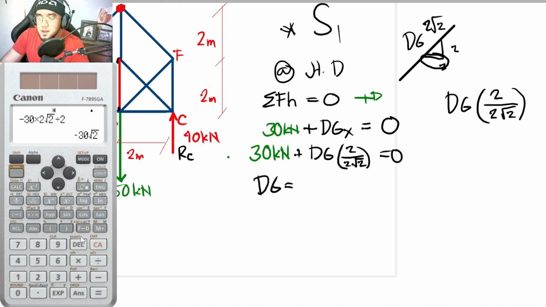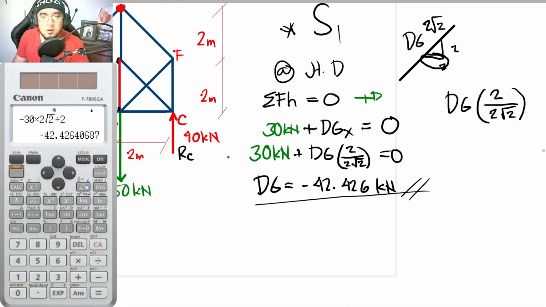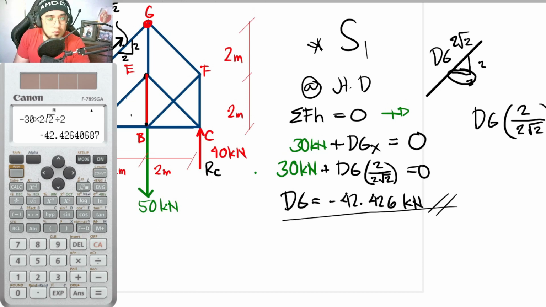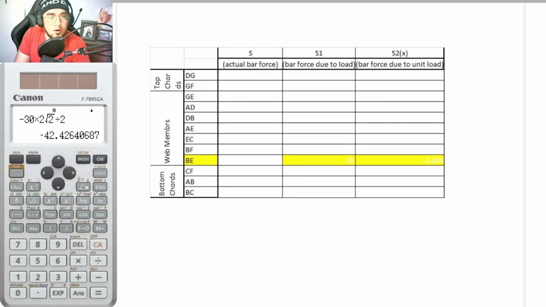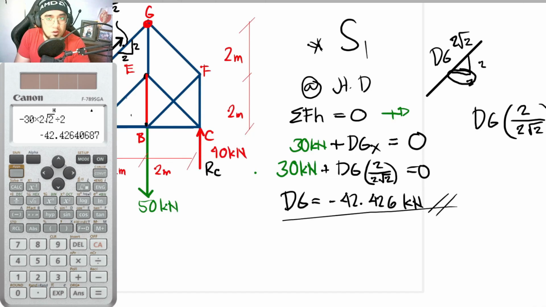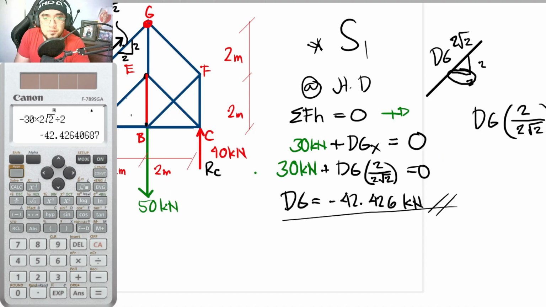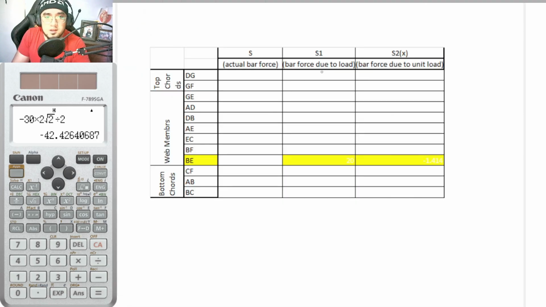So our answer here is negative 42.426 kilonewtons. So with this, I will now write our answer here for the bar force due to the load. Once again, that is for DG, and that is negative 42.426.